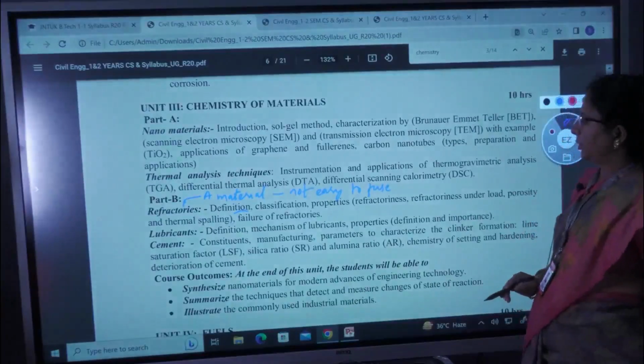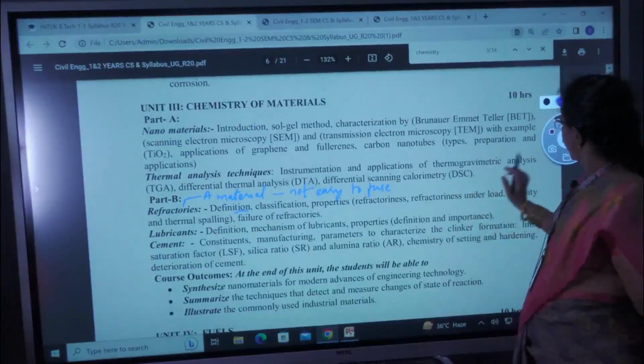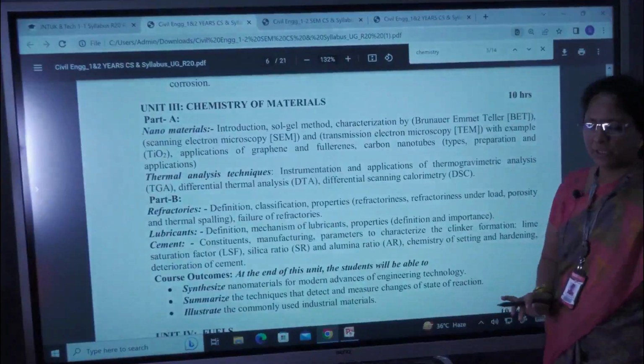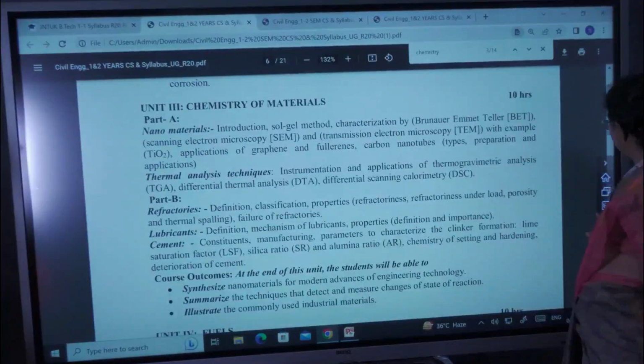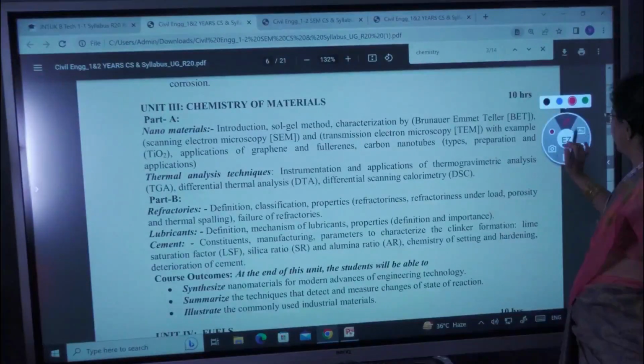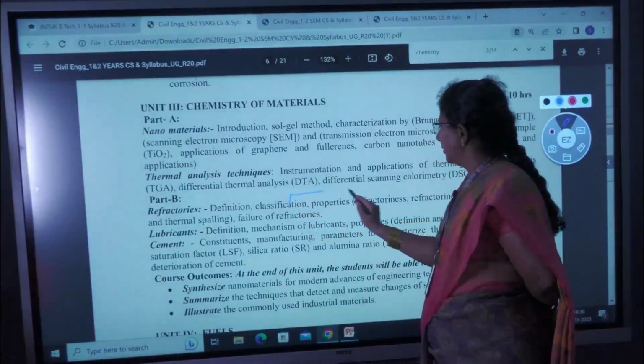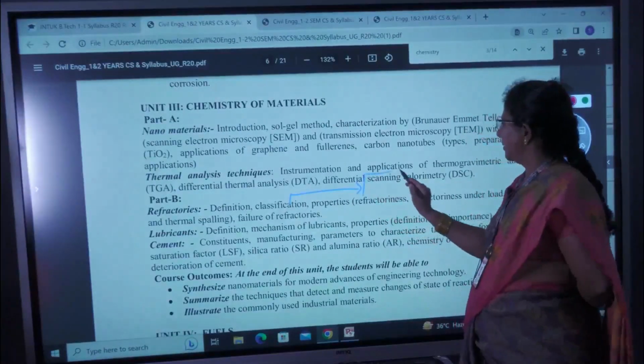Next one is classification. Here refractories will be classified based on the fusion temperature and based on the chemical composition.